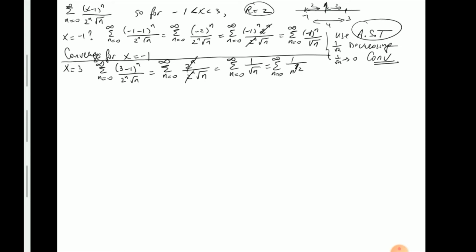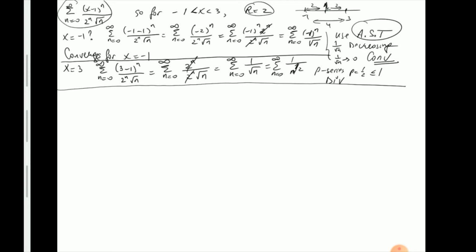You should pause the video and try to figure out the argument, convergent or divergent, and via what test, because you should recognize these. Just practice to see if you can recognize quickly which test you can apply. This is an obvious p-series with p equals 1/2, which is less than or equal to 1. Hence, it's divergent.